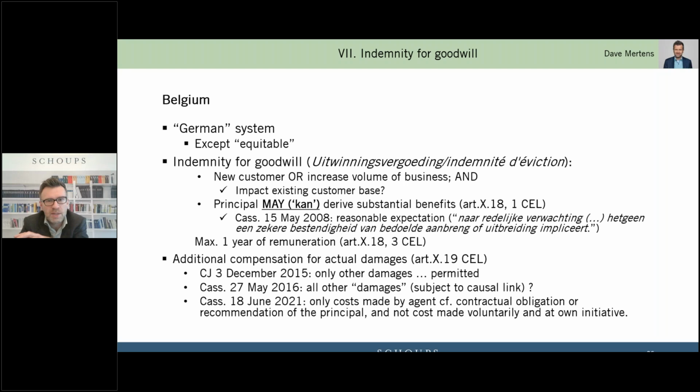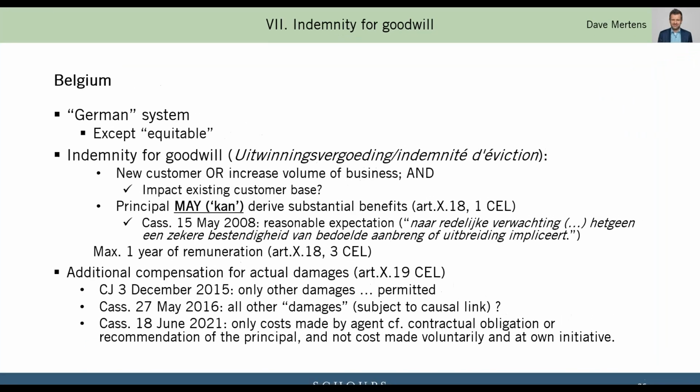The Belgian law also says, and that's not in the directive, that the principal can derive substantial benefits from this customer base. Some case law says, well, whether or not the principal continues to reap the benefits, that's immaterial. That's not really true.